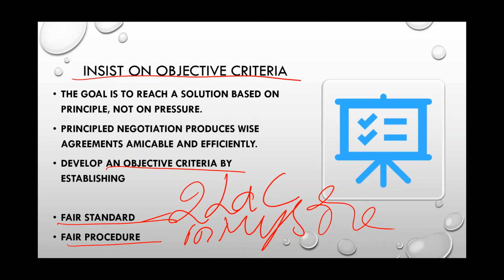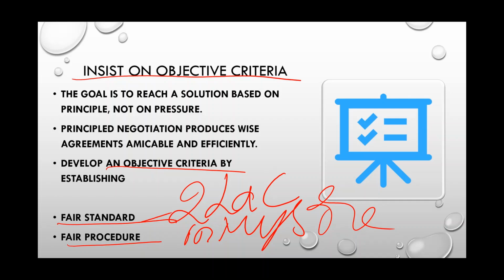And secondly, you will also follow some procedure to buy. If there is any deviation, will you buy? No. That means if the price is too high or some rules and regulations are not there, that means you are comparing the standard and the procedure while negotiating.